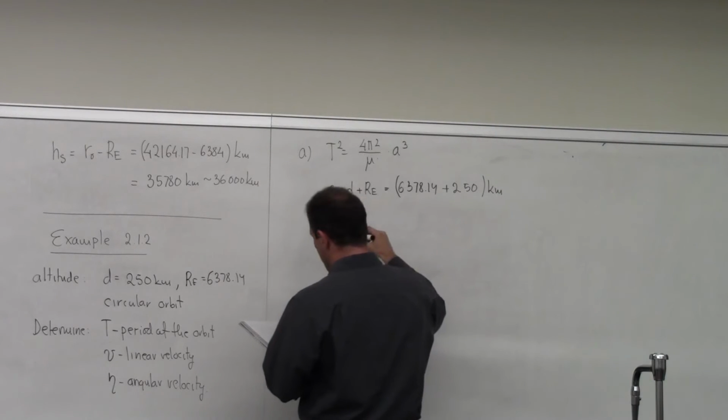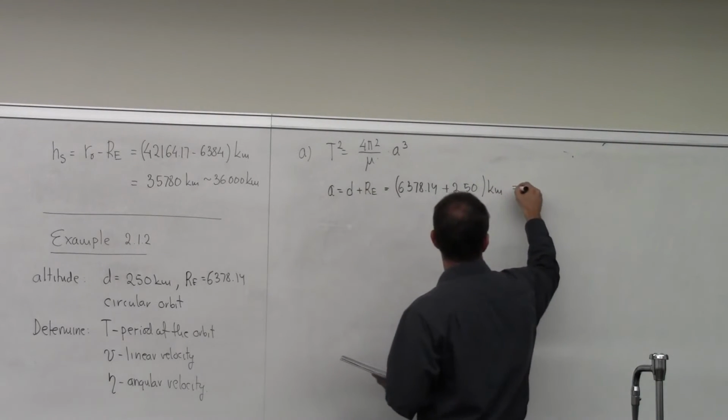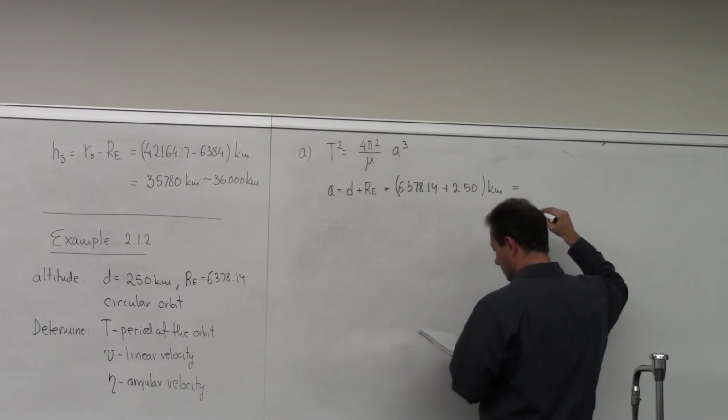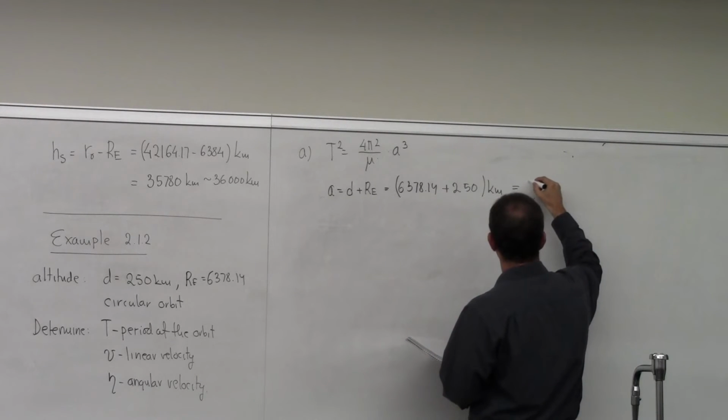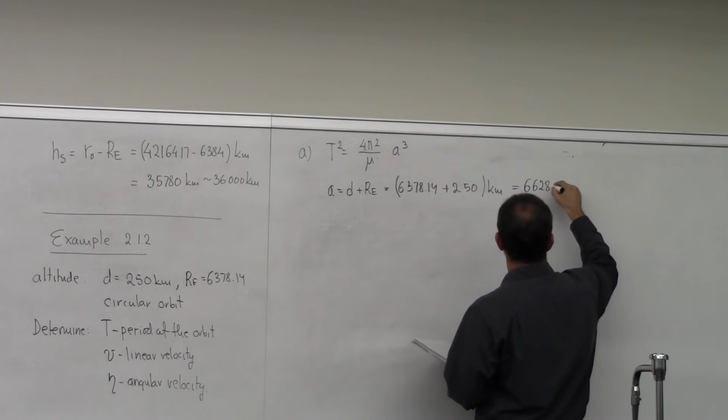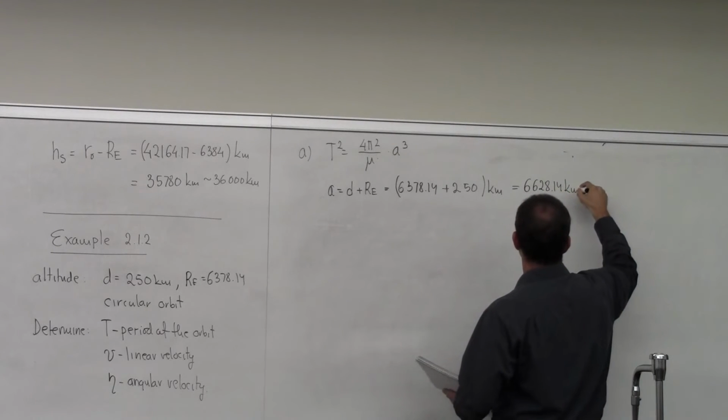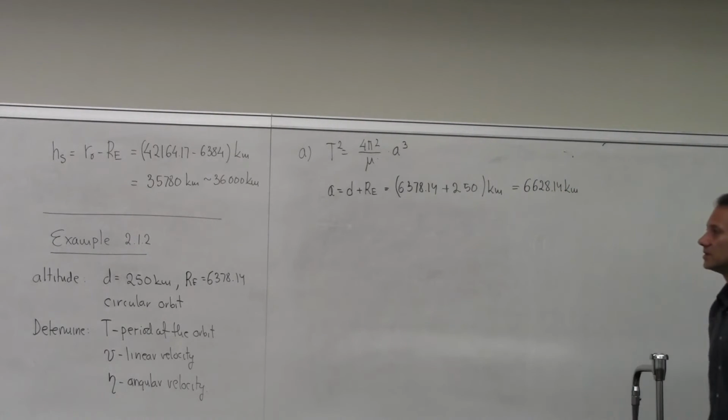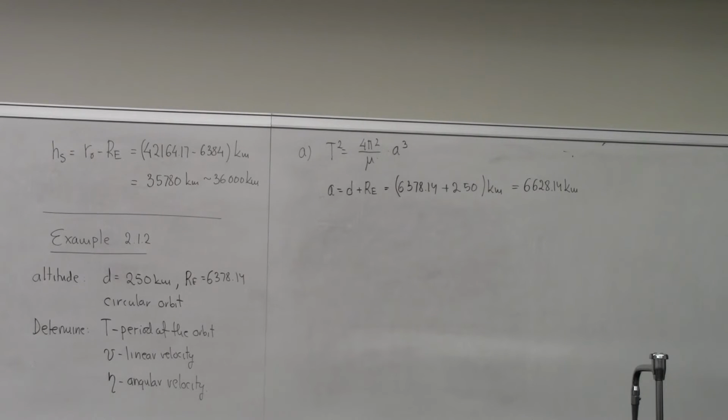And this gives you the radius of the circular orbit, which is 6628.14 kilometers. So this is how far this particular satellite is from the center of the coordinate system, which is placed in the center of the Earth.